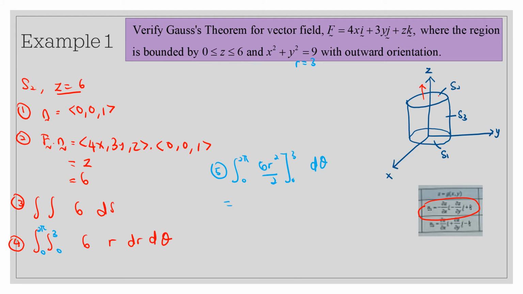Substitute 3 and 0, you will get 27 d theta. So integrate with respect to theta, you will get 27 theta, 0 to 2 pi. Substitute 2 pi and 0, you will get 54 pi. Okay, next we want to find S3.